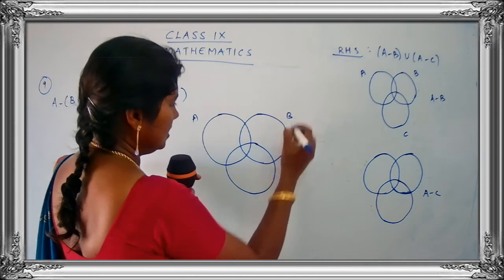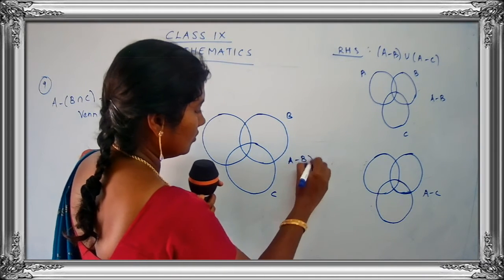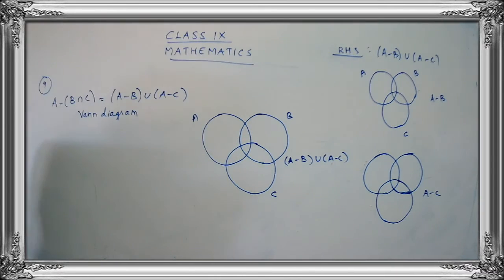A, B, C, and we have to draw A minus B union A minus C. Just get ready with the RHS part, children. I hope you are ready with the figures.